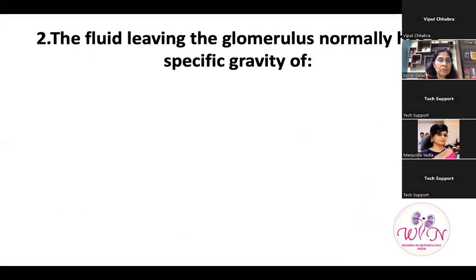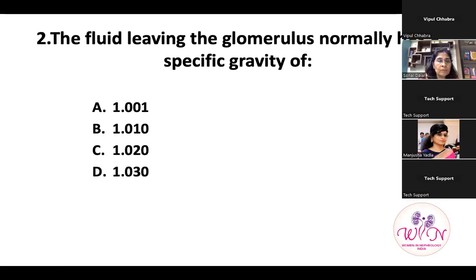Next question, question number 2. The fluid leaving the glomerulus normally has a specific gravity of option A, 1.001; option B, 1.010; option C, 1.020; and option D, 1.030. And your time is on.